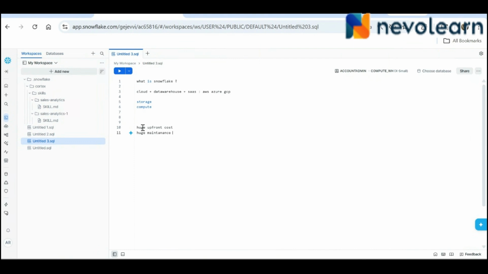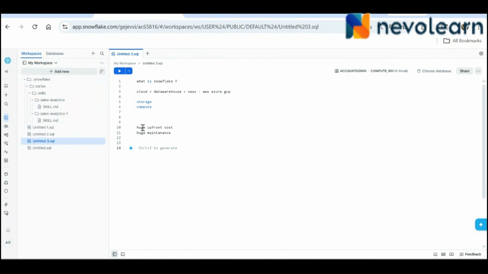Okay, that is one thing. Now let's say you don't have a car, and you want to go by taking services from other cab providers. For example, in India we have Ola and Uber. You just book a cab, the cab comes to your house, you get into it, go to the office, and according to how many kilometers you have traveled, you pay. In this case, what is the disadvantage?